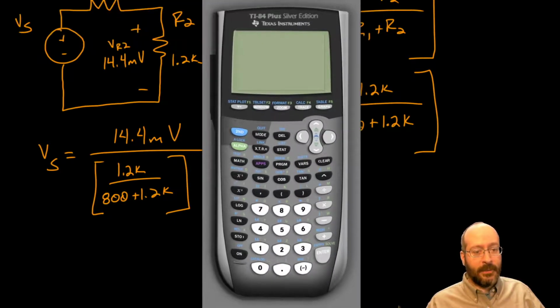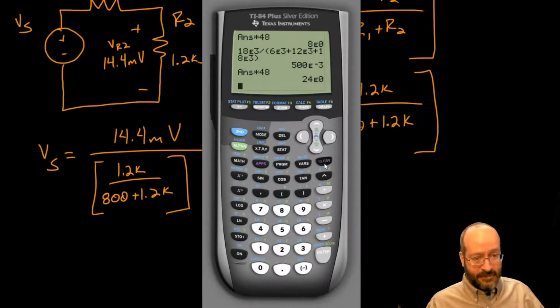Okay, 1.2K. I got to turn on the calculator. Power saving turned on. Save some battery, I guess. 1.2K divided by 800 times 1.2K.